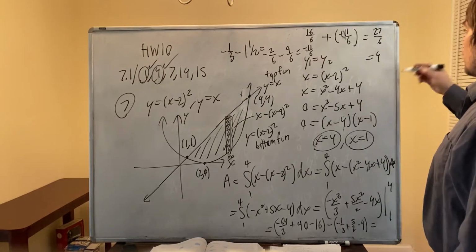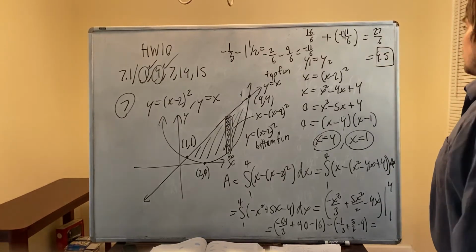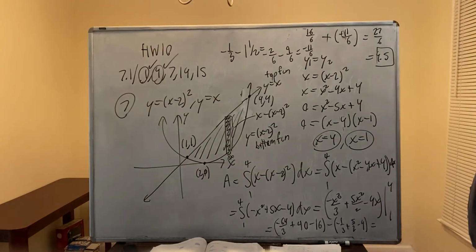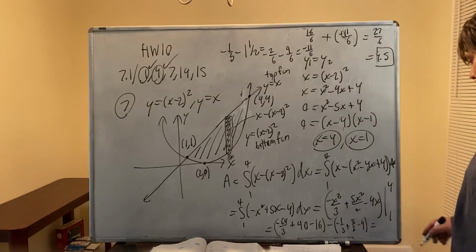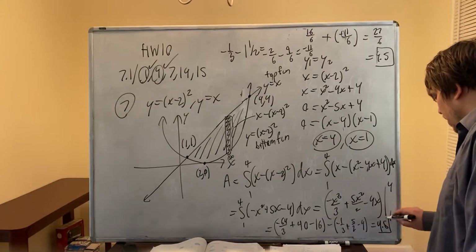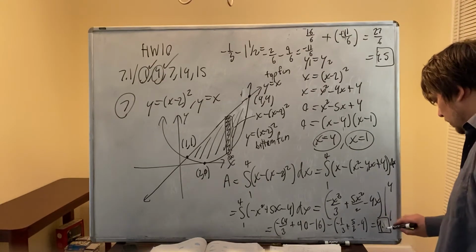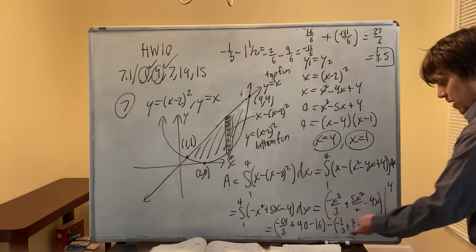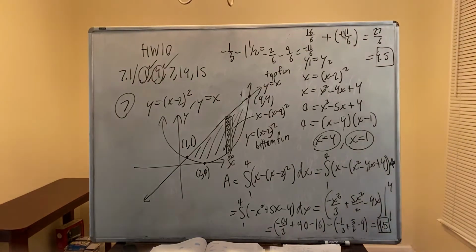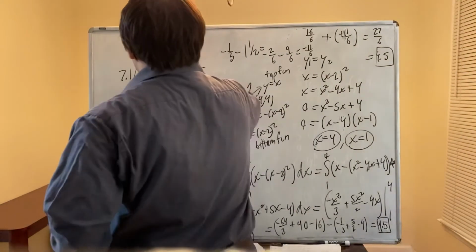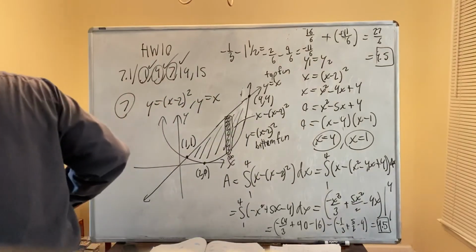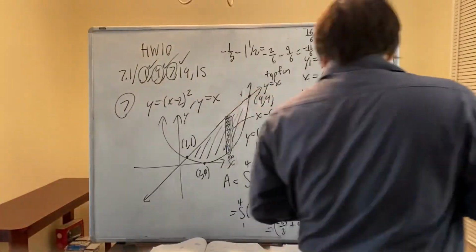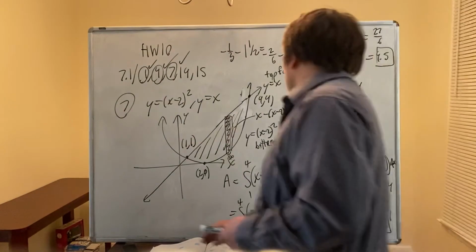So that's 4.5. It's just calculation. So that minus that is 4.5. Okay, so that's number 7. Next one is number 14.